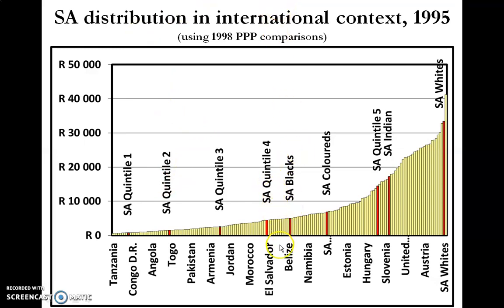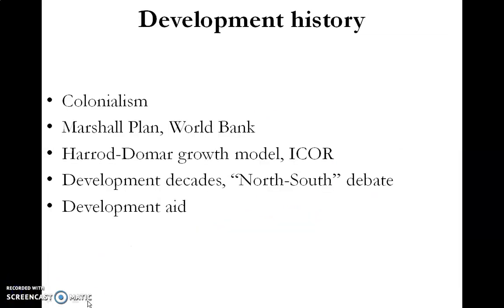And it comes with a lot of other knock-on effects, this inequality, but we'll talk more about that at a later stage. So I've also kept some time aside in this lecture for you guys to go back to your undergraduate work, and if you haven't done development in the undergraduate work, you can just go and read a little bit on development history, looking at colonialism, when the Marshall Plan came in, institutions like the World Bank, and all of these other points mentioned here.